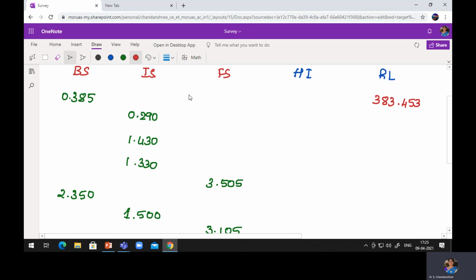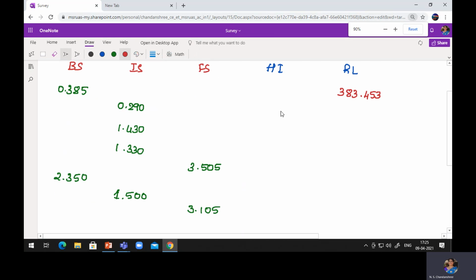If you want to write the remark here, this is the benchmark on which the first reading was taken. Now the height of the instrument is calculated by adding RL of benchmark plus backsight. We'll get the height of the instrument.